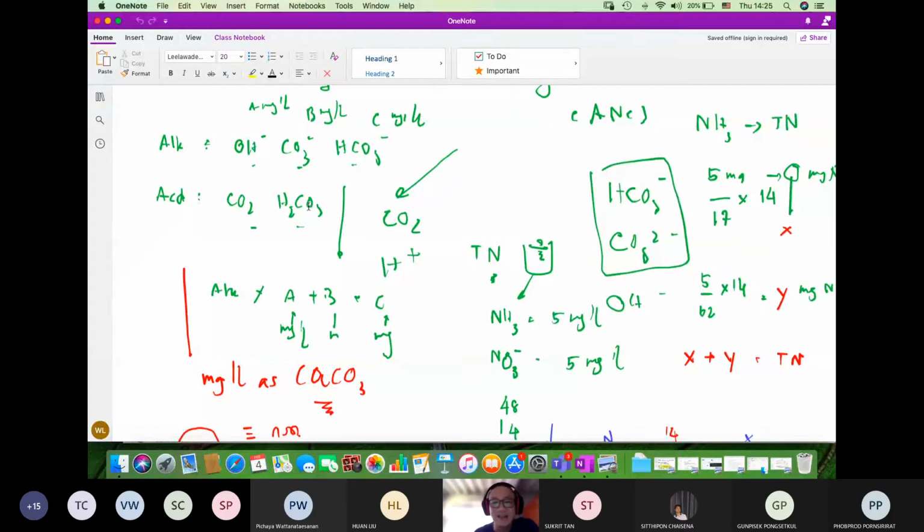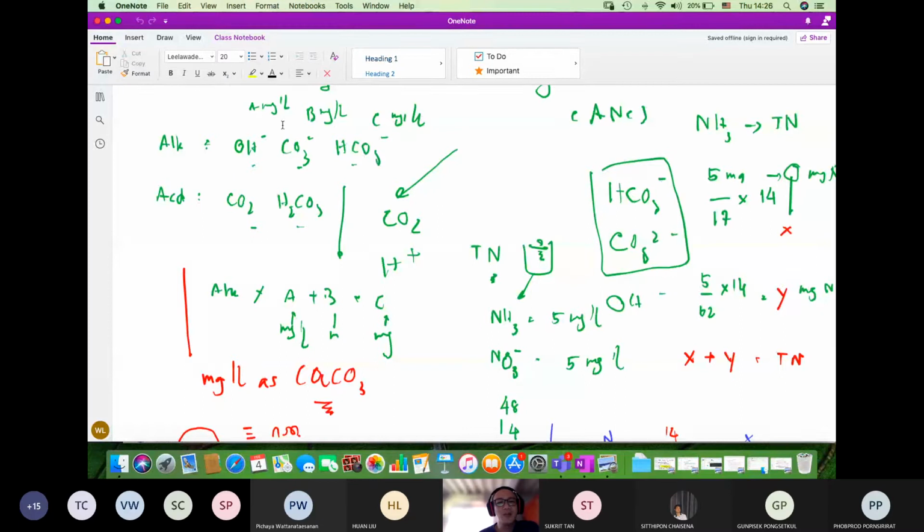So in this case, if you say milligrams per liter, it's milligrams of what? For hydroxide ion, if you measure the hydroxide ion you get A milligrams per liter, if you measure carbonate ion you get B milligrams per liter, and finally if you measure the bicarbonate ion you get C milligrams per liter.